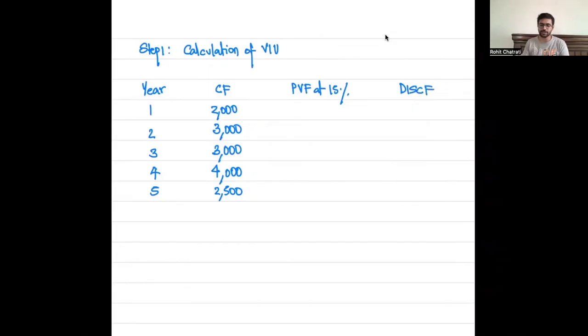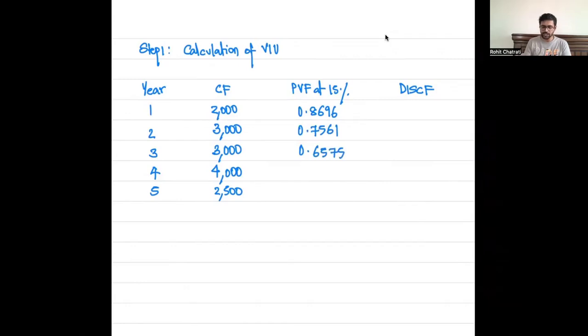The first year present value factor or the discount factor would be calculated as 1 divided by 1.15, which is equal to 0.8696. 1 divided by 1.15 is 0.8696. 1 divided by 1.15, the whole square, is 0.7561. All right. The third year discount factor would be calculated as 1 divided by 1.15, the whole cube, which is 0.6575.